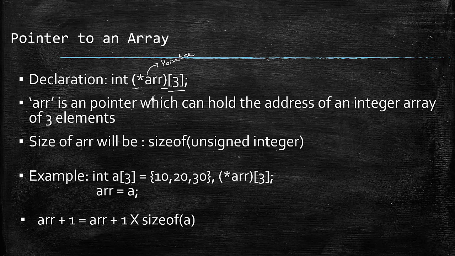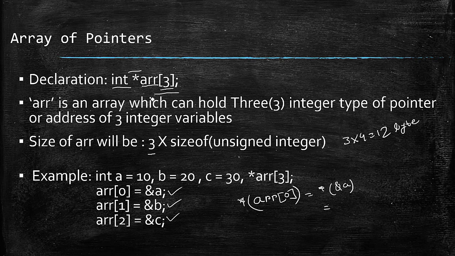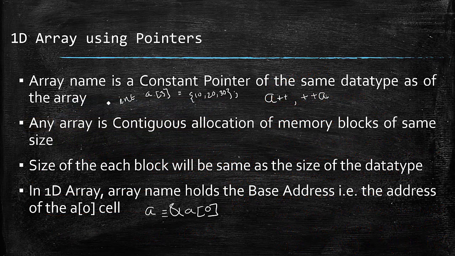In array of pointers, the array operator, the square bracket, will have the higher precedence. In case of the pointer to an array, the asterisk will have the higher precedence by using the parenthesis operator. That is also done in the function returning a pointer and pointer to a function.